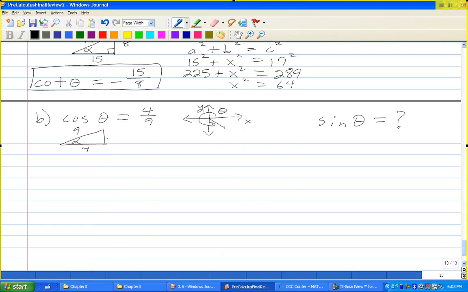So this is root 65. And so I want to find sine. Sine is going to be negative. So sine theta is negative root 65 over 9. And that's your answer.